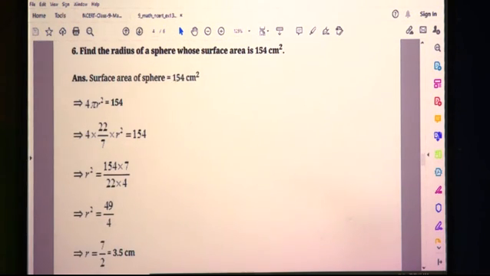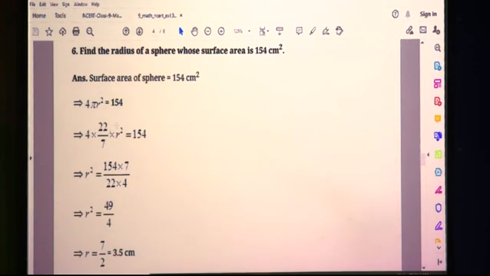Surface area of the sphere is equal to 154 centimeter square. The formula for surface area of a sphere is 4 pi r square. So, 4 pi r square is equal to 154. 4 into 22 upon 7 into r square is equal to 154. 7 goes to the numerator, 22 and 4 come to the denominator by cross multiplication.